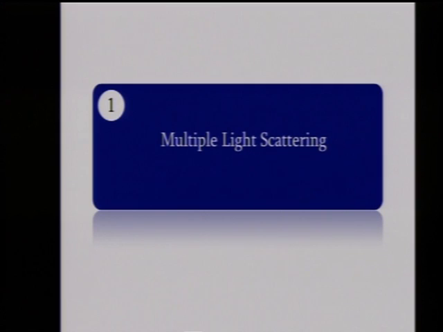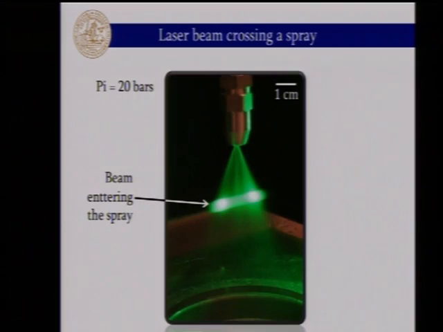So let's start with multiple light scattering, to describe this effect and how we can possibly suppress it. If we take a spray and just light it with a laser, you can actually recognize that some of the light is scattered outside of the illumination beam. This is due to the fact that photons scattered multiple times get into the camera.